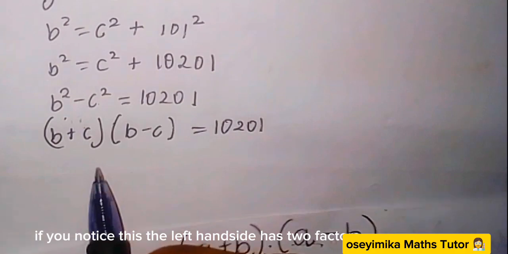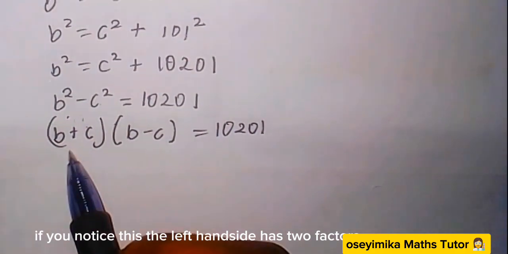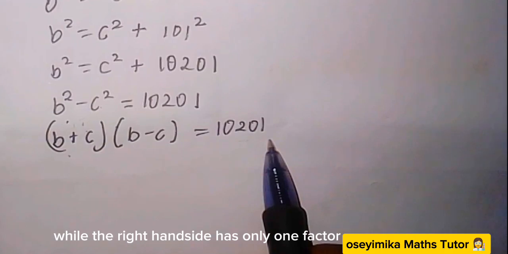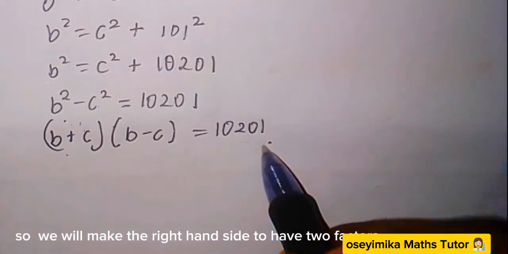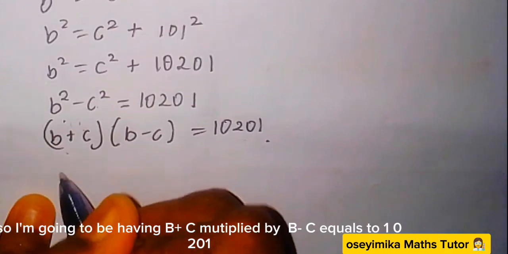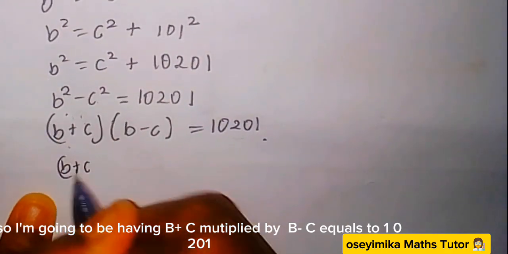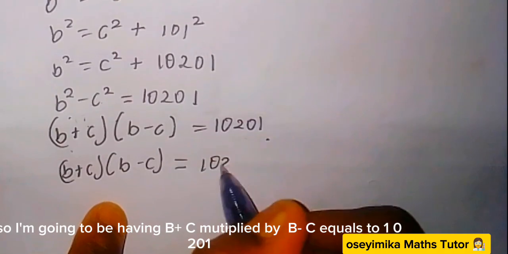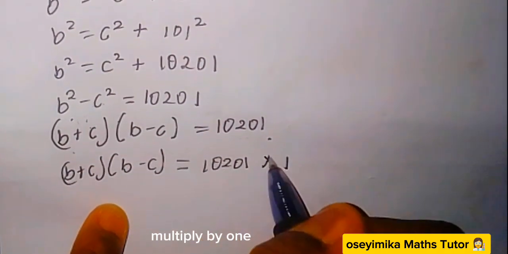If you notice, the left hand side has two factors, but the right hand side has only one factor. So we're going to make the right hand side also have two factors. So B plus C multiplied by B minus C equals 10201 multiplied by 1.